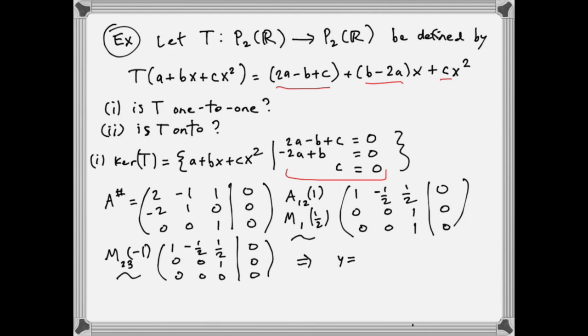Let's say that y is equal to t. This means that z is equal, or sorry, these are a, b, and c. So let me back up here. That's right, it was a, b, and c.